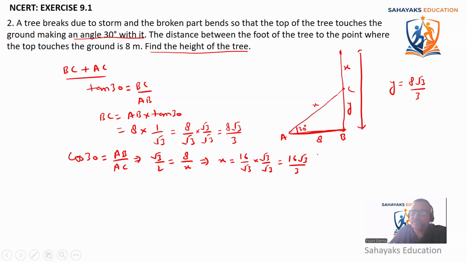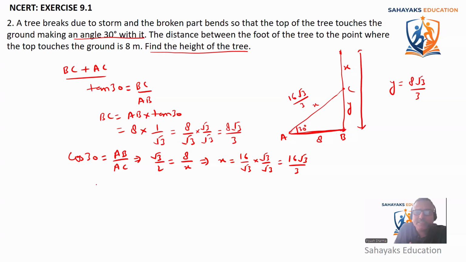Now, what we have to find out is the complete distance. The complete distance was BC plus AC, or X plus Y. So X comes out to be 16 root 3 by 3.